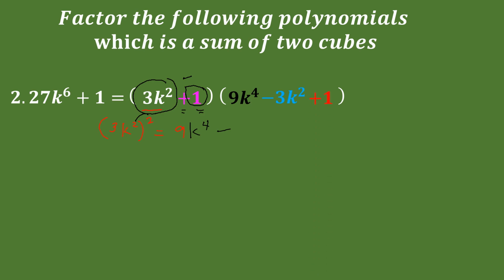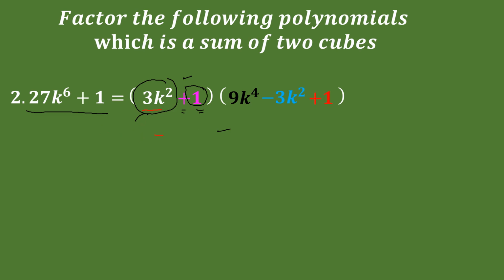It's positive 1. So therefore, this is our 3k squared plus 1 times 9k to the 4 minus 3k squared plus 1. If multiplied together, we will be getting our given 27k to the 6 plus 1.